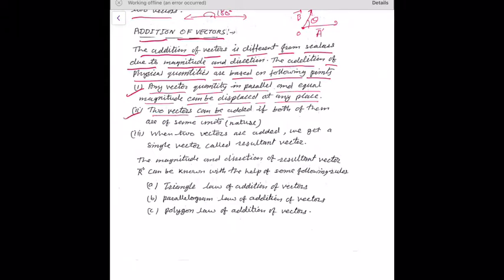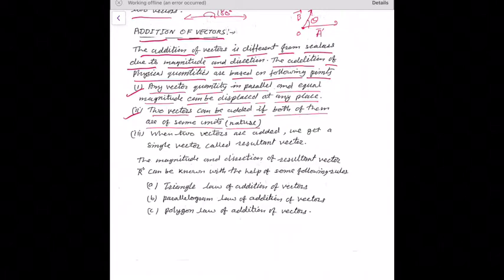Second, two vectors can be added if both of them are of the same units or nature. Third, when two vectors are added, we get a single vector called resultant vector. The magnitude and direction of resultant vector R vector can be known with the help of the following rules.